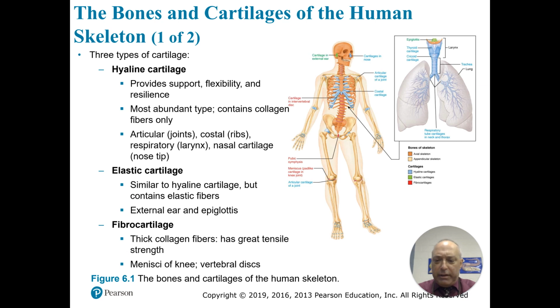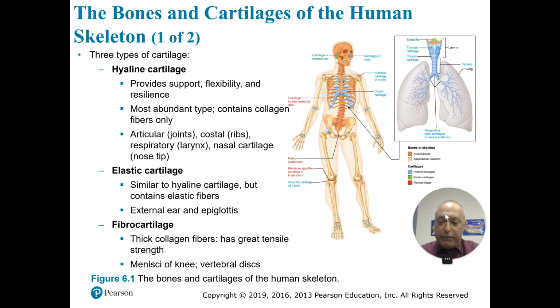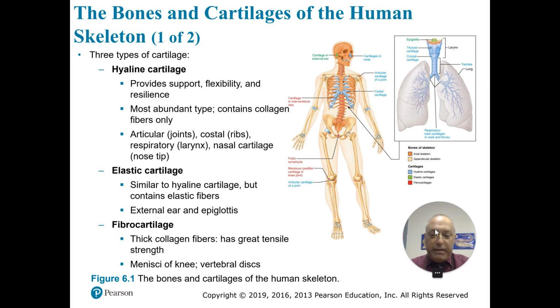Then we have elastic cartilage, which is similar to hyaline cartilage, but contains elastic fibers. These are seen in the ear and the epiglottis. And then fibrocartilage. This thick collagen fiber has great tensile strength, and this would be found in the meniscus of the knee or the intervertebral discs.